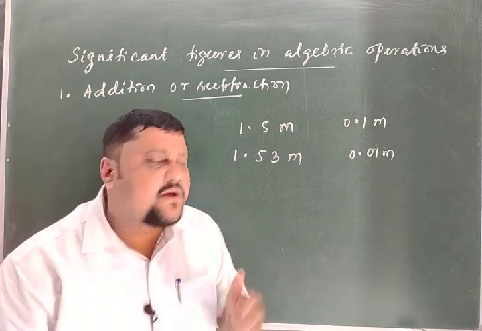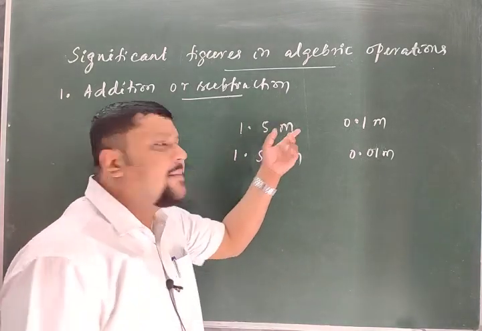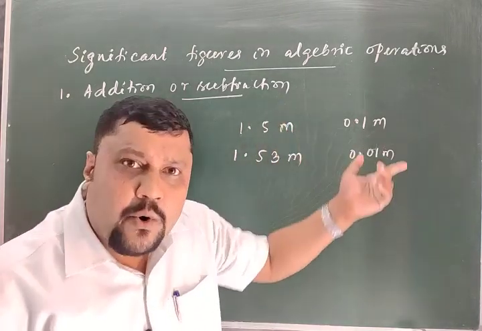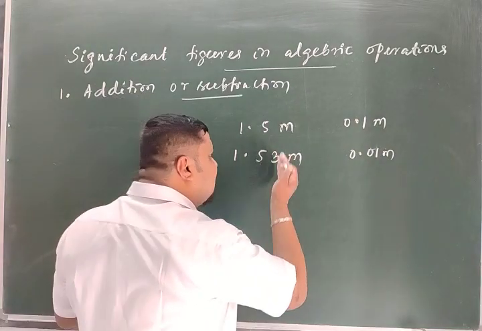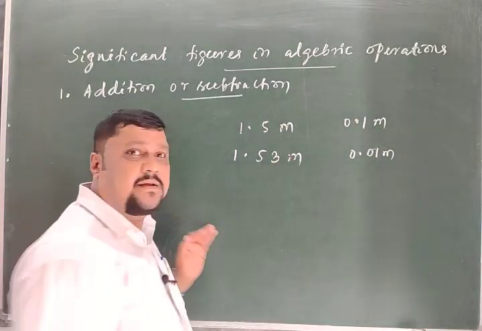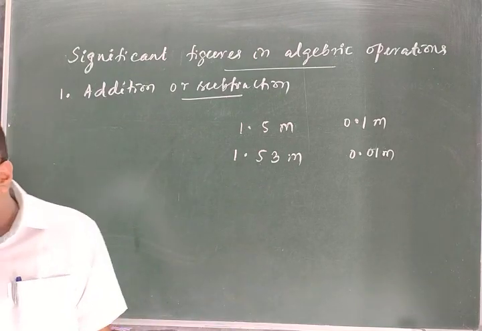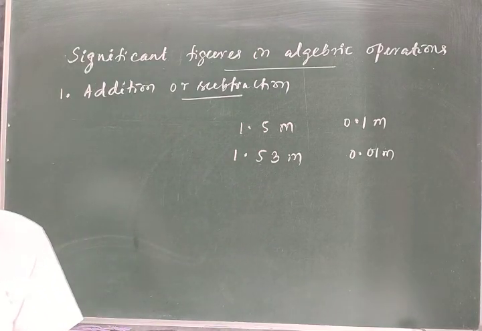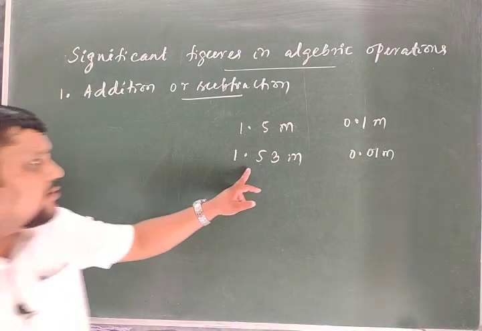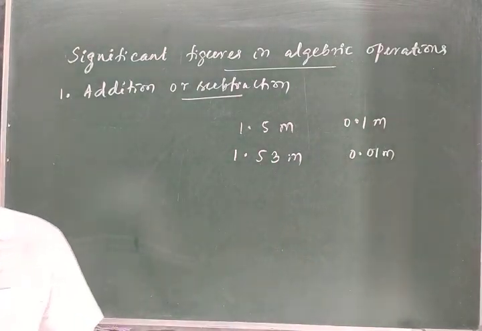There is some error factor. After that, you are getting another digit because it is measured by a device where we can say it is accurate up to 0.01 meter.